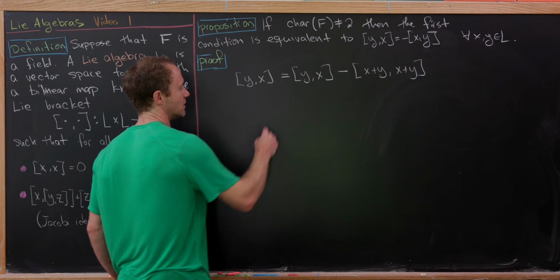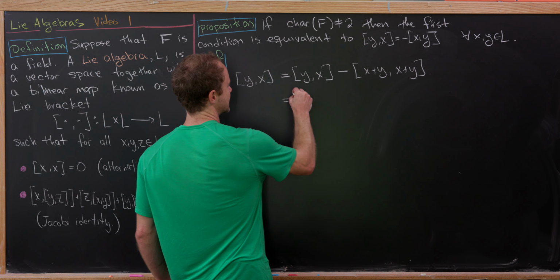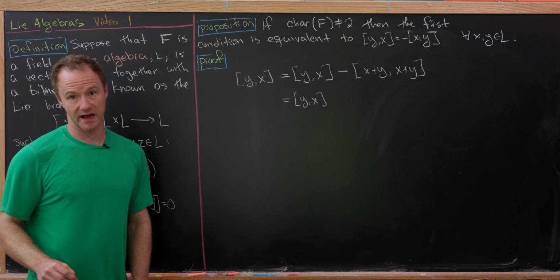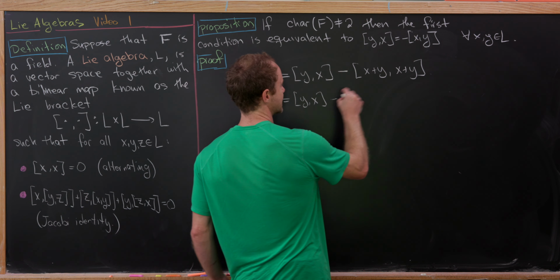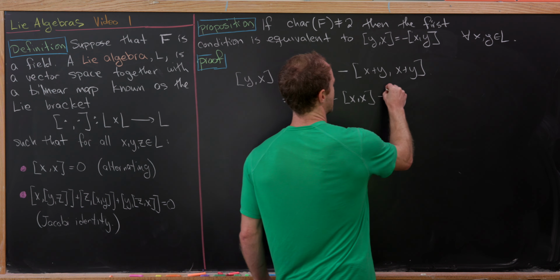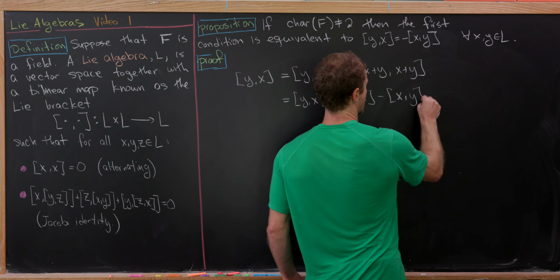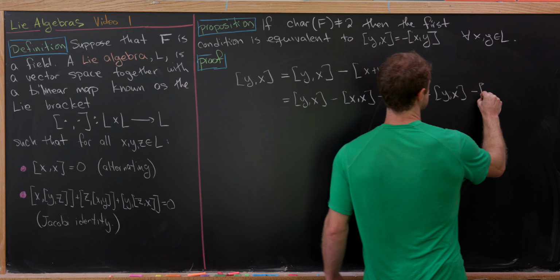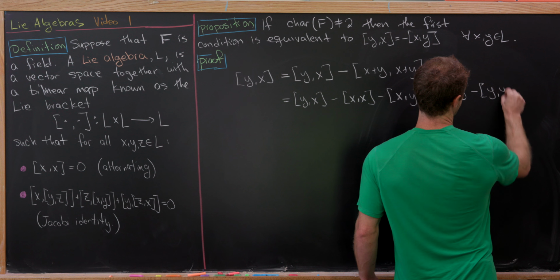Okay, so now let's see where that takes us. Expanding this out, we'll get bracket xx minus bracket xy minus bracket yx minus bracket yy.